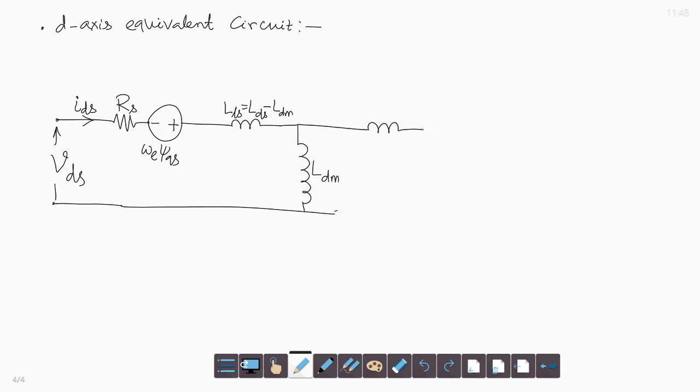Then we have the leakage inductance of the rotor LLDR, that is LDR minus LDM. Leakage inductance of the rotor, that is the D axis damper winding.